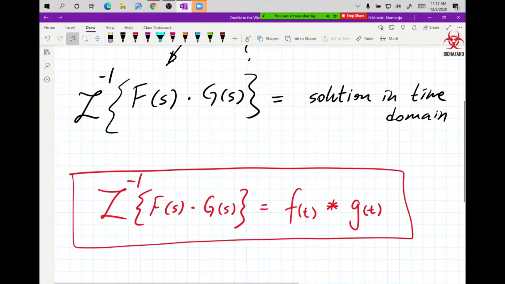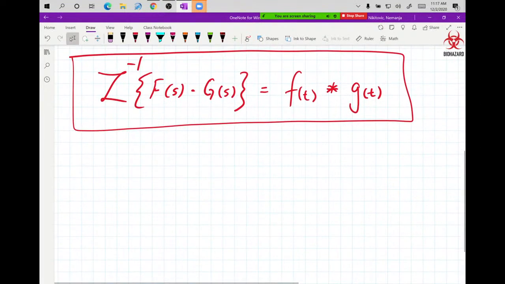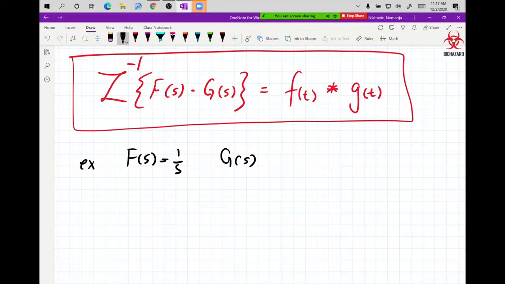And in the eyes of the previous example, this means, if I have that example from before, where my f of s was 1 over s and g of s was 1 over s minus 2, if I remember correctly. So the inverse of 1 over s was simply 1.